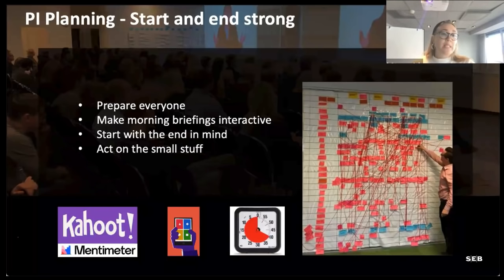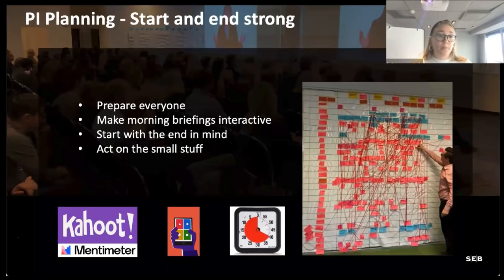But what happens now? Because now we have to go into the actual execution of the plans that we made. So where can I go to gather information? Where can I go to see the progress and the blockers, and where and when is the Scrum of Scrums, for instance, and so on. So really starting strong and ending strong.